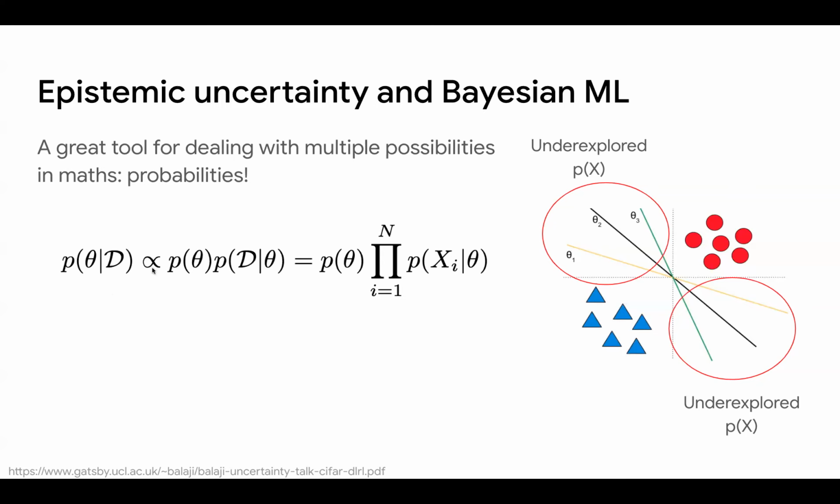So if the distribution is wide, then that means you have huge uncertainty regarding what is the right model here, and so on. And this posterior that is given after observing data points is, as you all know, the product of the prior term and the likelihood, the fit between your data points and your model, okay?